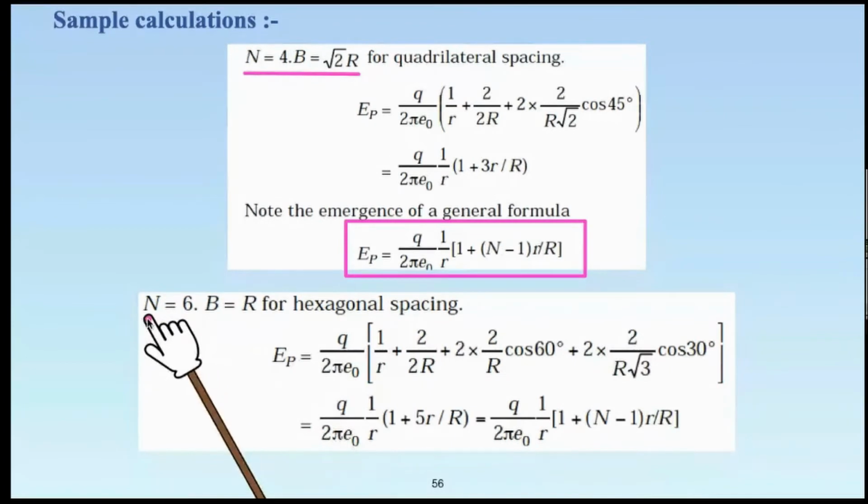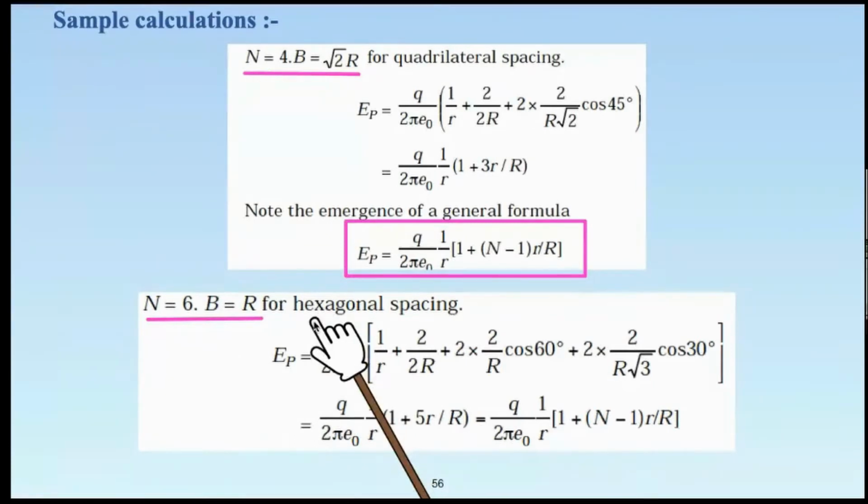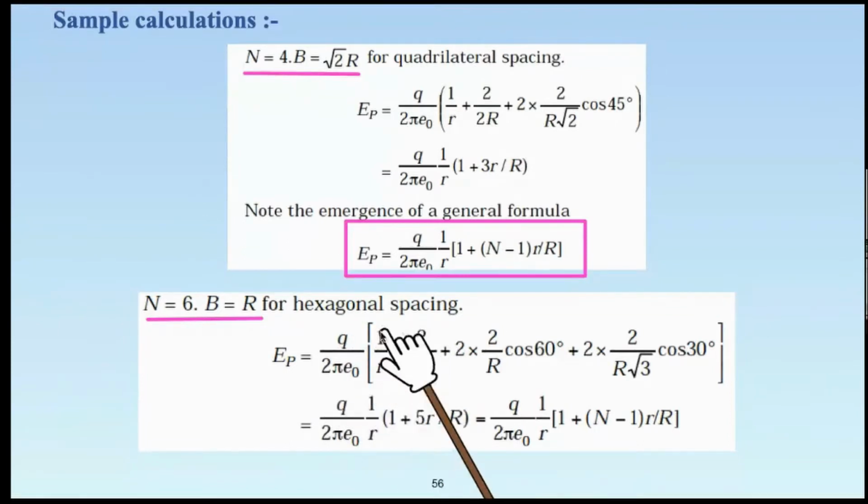Then we move ahead and check for n is equal to 6. So here b will be equal to r, and it is a hexagonal spacing. Again, for hexagonal spacing, there will be 6 components, q upon twice by epsilon 0. This is due to the conductor itself, one of the subconductors. Then this is due to the diametrically opposite conductor, located at a distance of twice r.